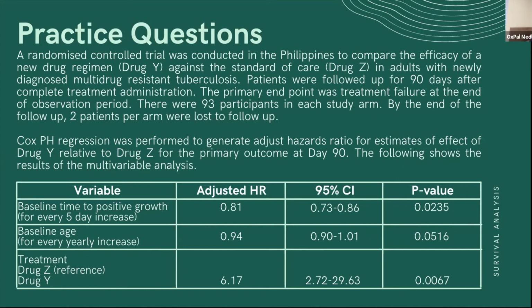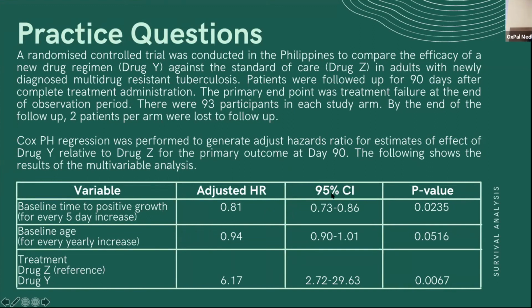Which makes sense, right? If there is less of the tubercle within that specimen, there is less risk, or less hazard, of developing treatment failure.